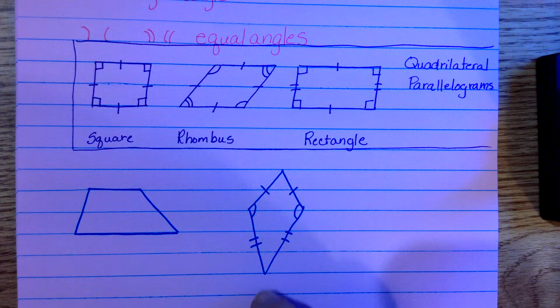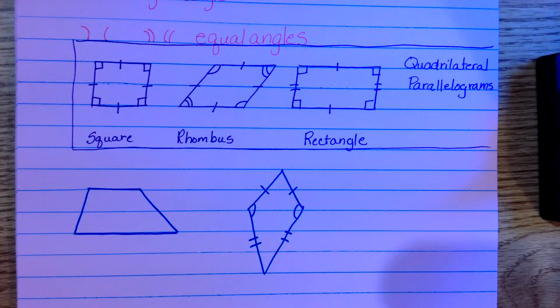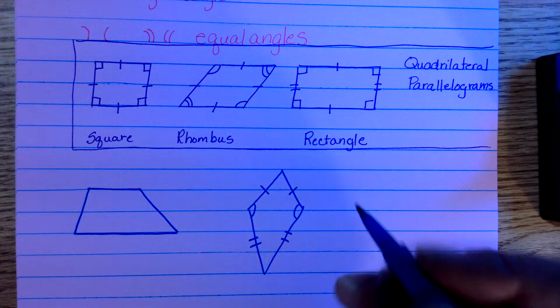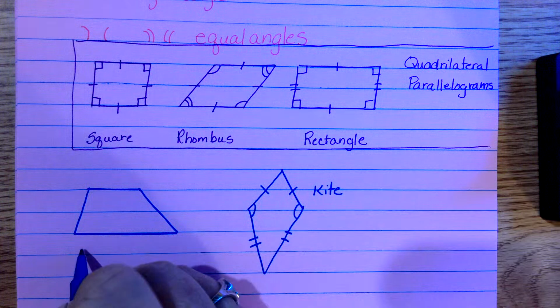And I know it may look like these two angles are equal, but there's a little bit of a difference in the degrees if we were to go in and measure it. So this is a kite, and this is a trapezoid.